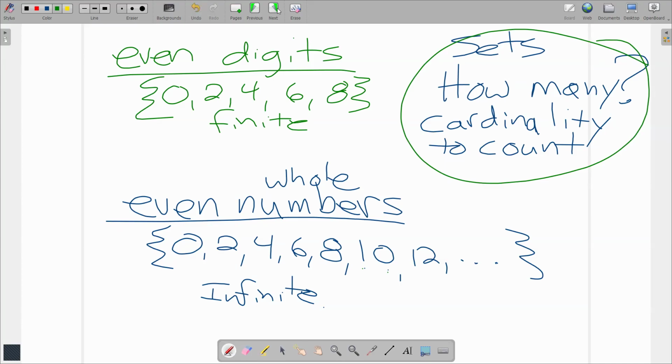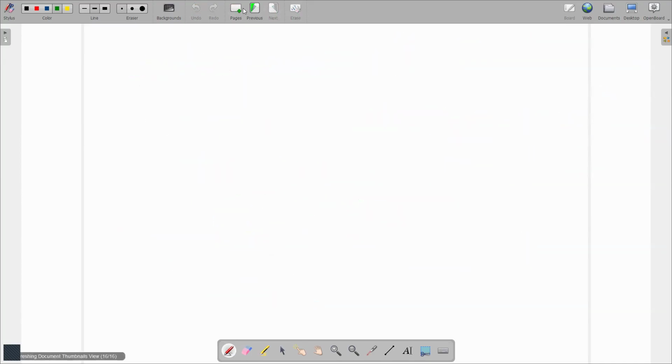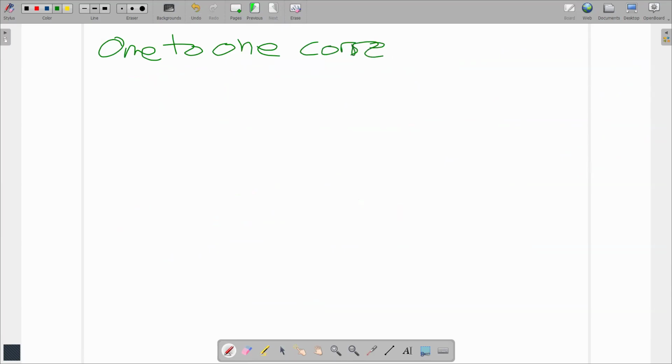All right, with that in mind comes another idea, a one-to-one correspondence. One-to-one correspondence relates to sets of the same size.